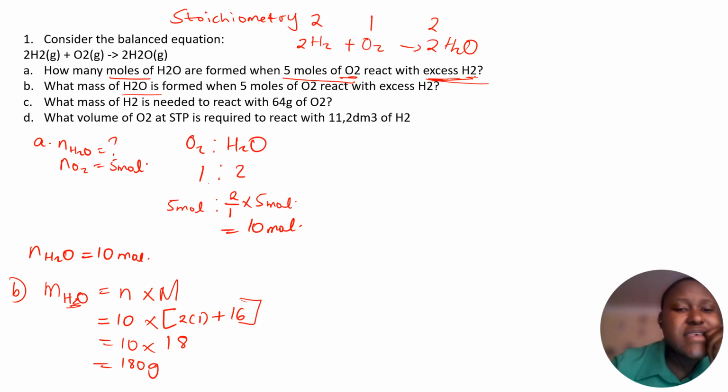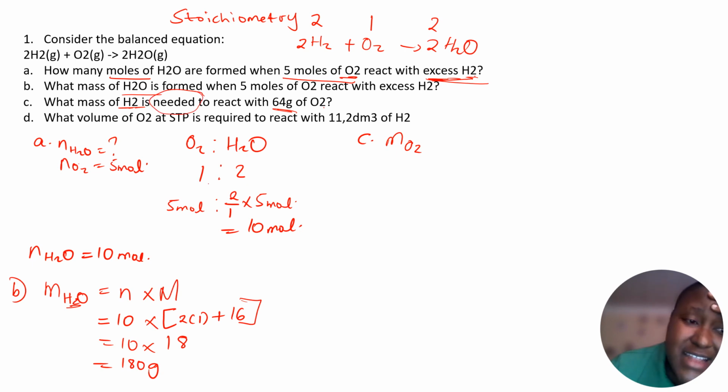Now, C says, what mass of H2 is needed to react with 64 grams of O2? Now, they give you the mass of O2, and they want to know what mass of H2 is needed.